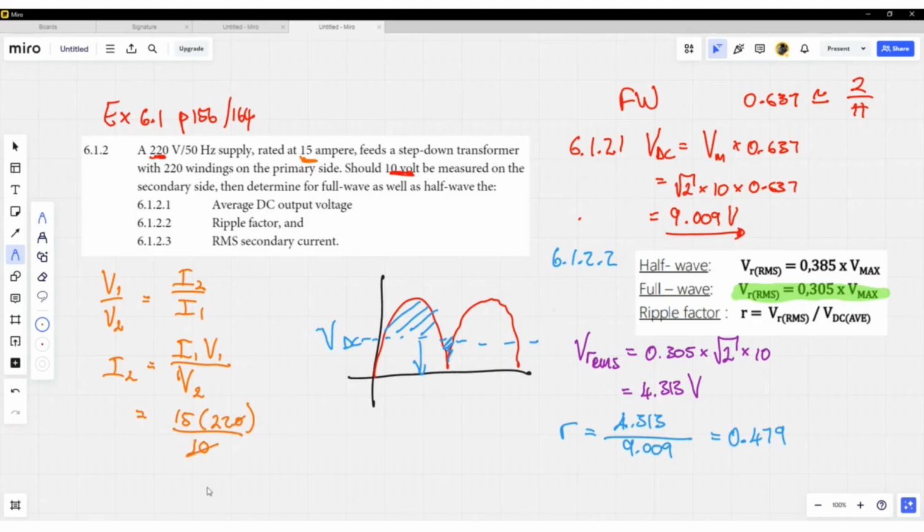That essentially becomes 15 times 22, and that's going to give you 330 amps. Which makes sense. You're going to have more current on the secondary side of your transformer than on the primary.